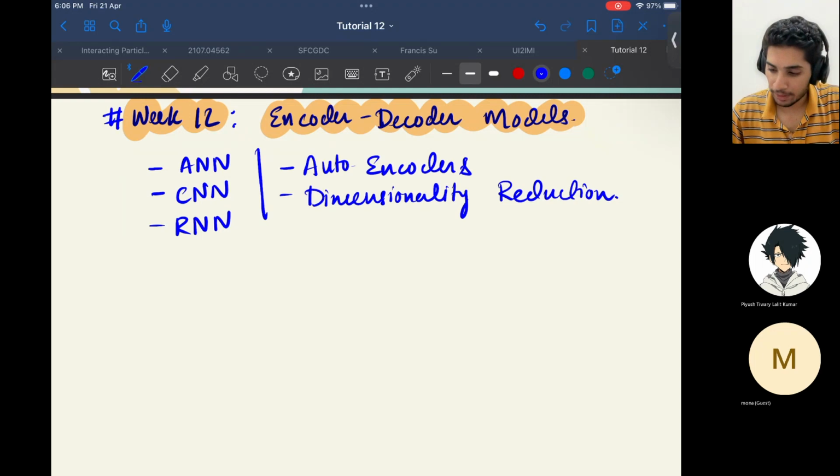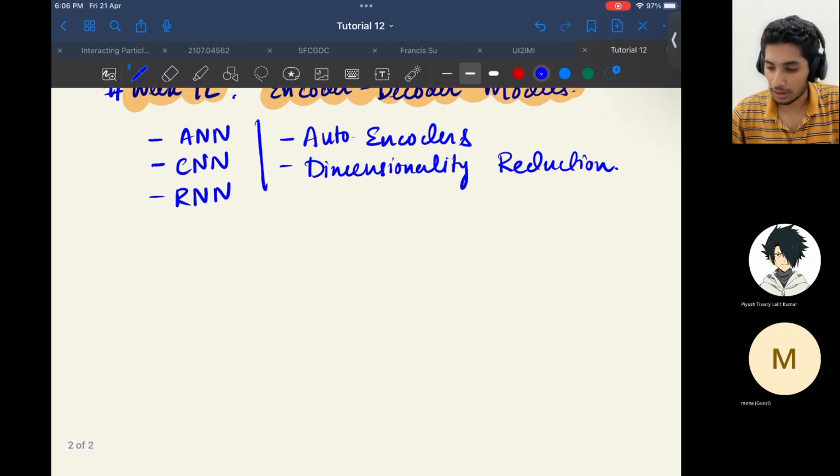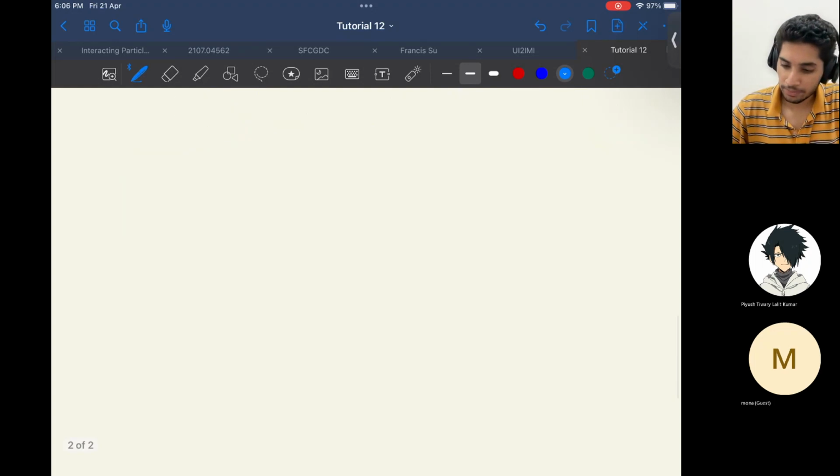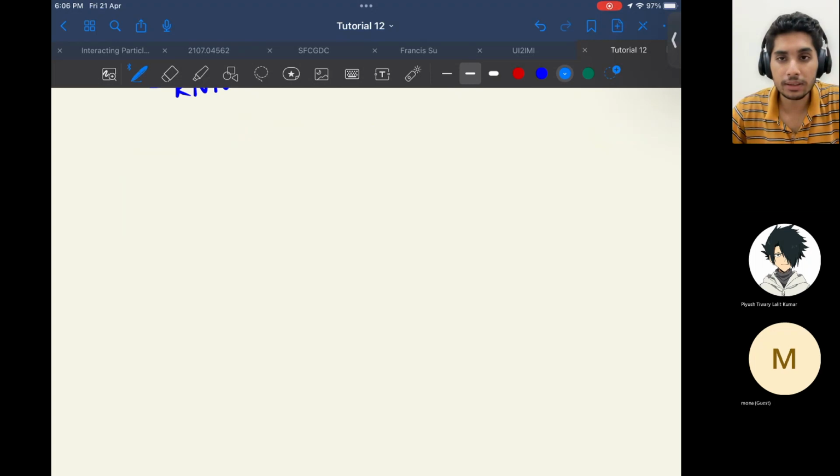All right, so what is the main overview of encoder decoder models? It's actually quite simple. Imagine that you have some task at hand, and you are given some input.